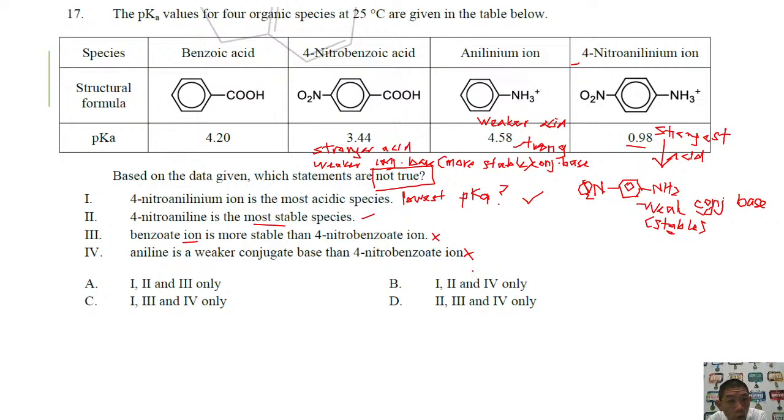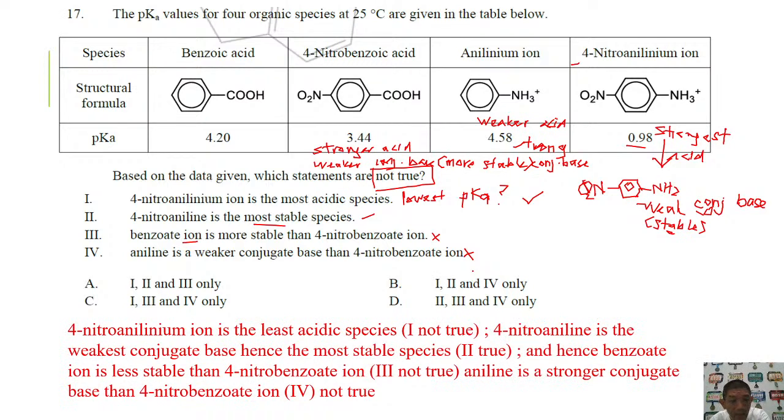So as a result, what is the answer in here? 4-nitroaniline is the most acidic, this one is true. Number 1 is true because it's the lowest pKa. So it's 3 and 4 only.